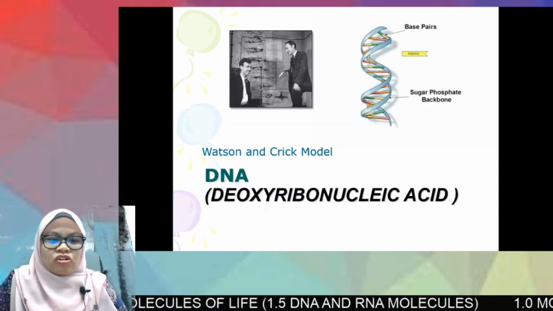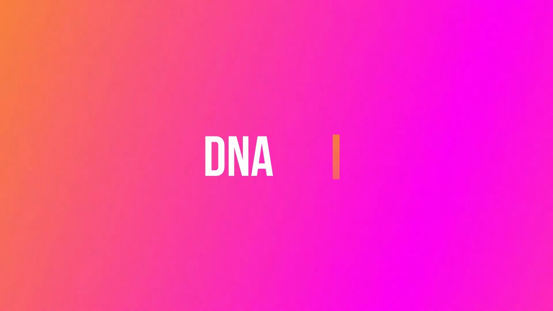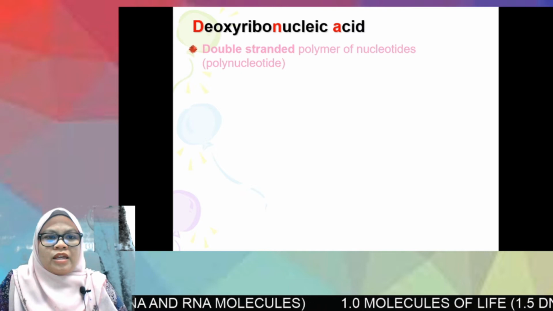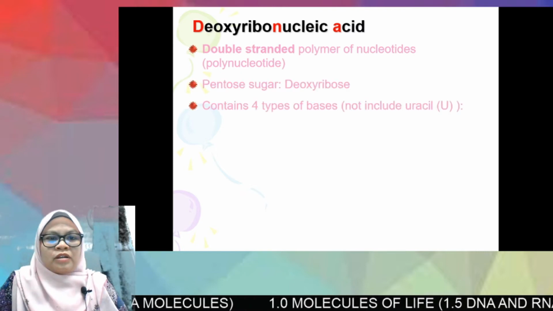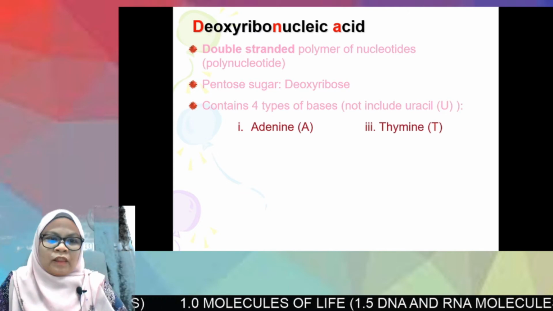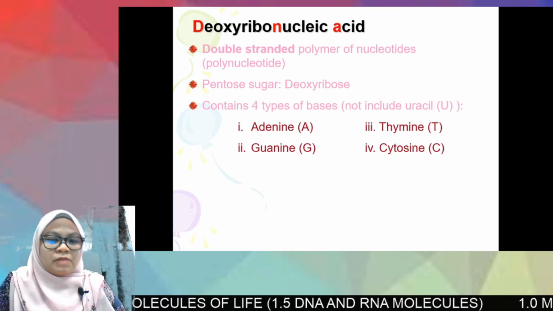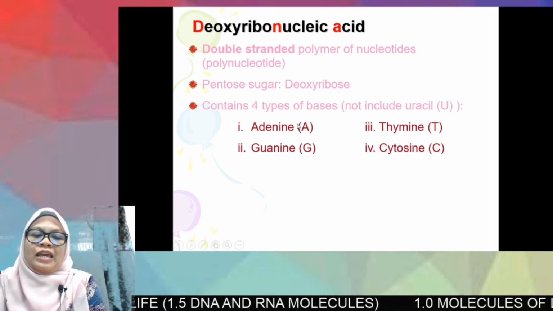Let's describe the structure of DNA according to the Watson and Crick model. DNA is a double-stranded polymer of nucleotides. The pentose sugar is deoxyribose. DNA consists of 4 nitrogenous bases: adenine, thymine, guanine, and cytosine.